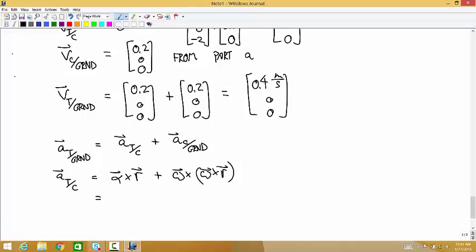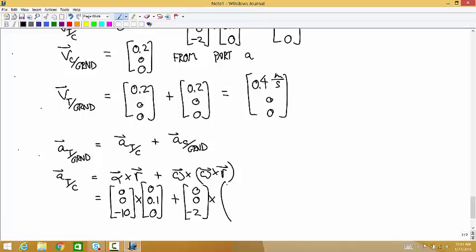So that is 0, 0, -10 crossed with 0, 0.1, 0, plus omega 0, 0, -2 crossed with the quantity 0, 0, -2 crossed with 0, 0.1, 0.